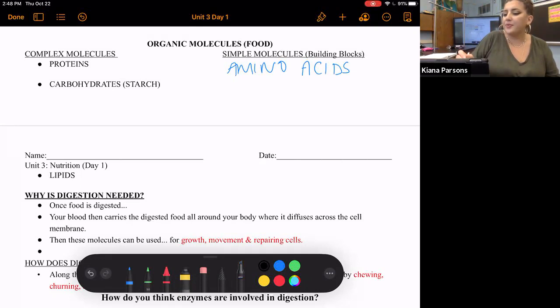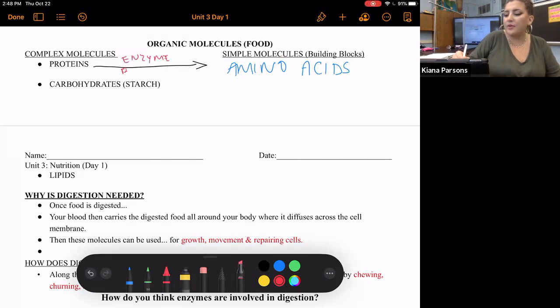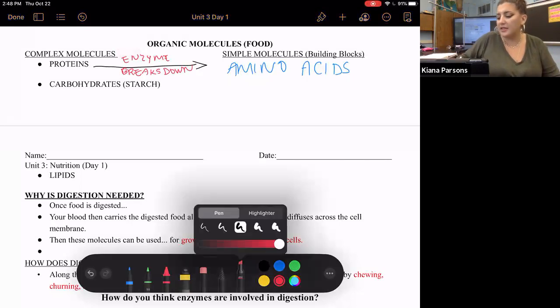Okay, so proteins are digested. So let's add this here. Enzyme breaks down proteins into amino acids.